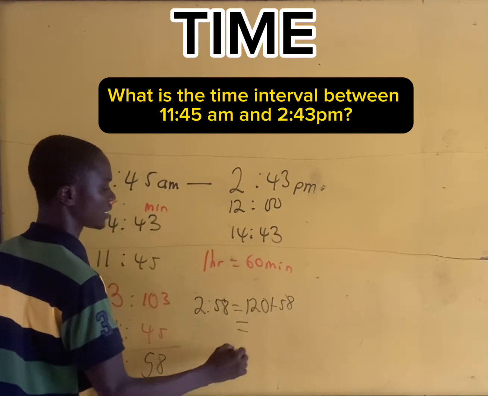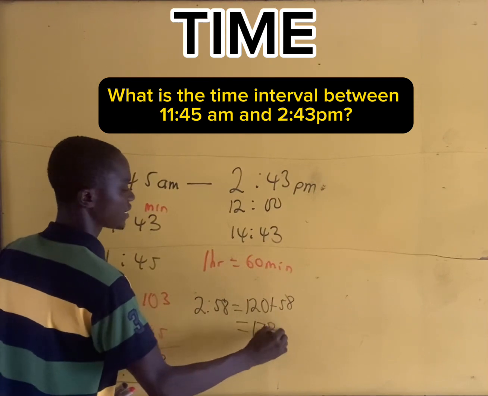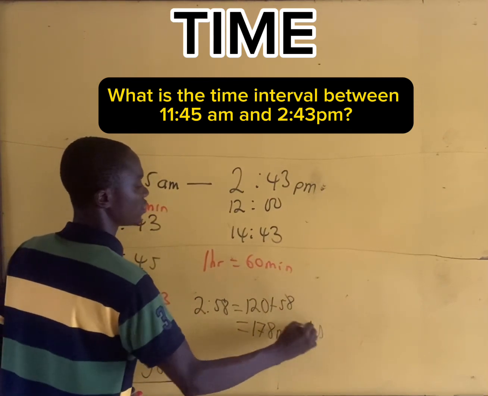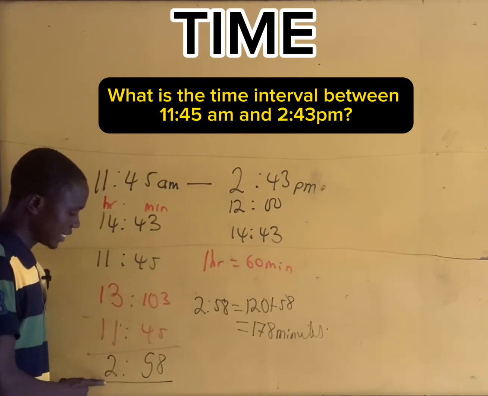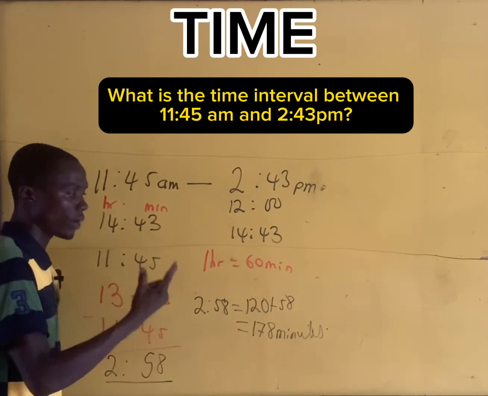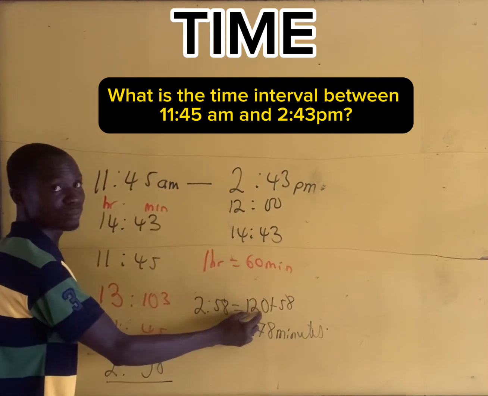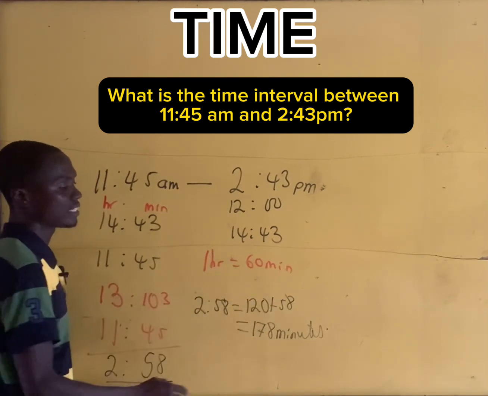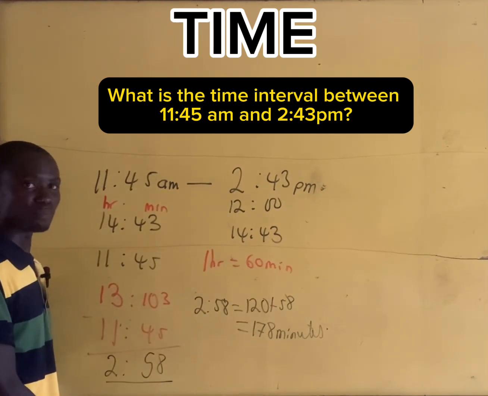And that will give us 178 minutes. This is 2 hours. 1 hour is 60. So 60 twice gives 120 minutes plus 58 minutes. That gives us 178 minutes.